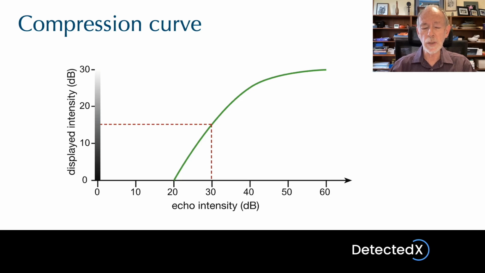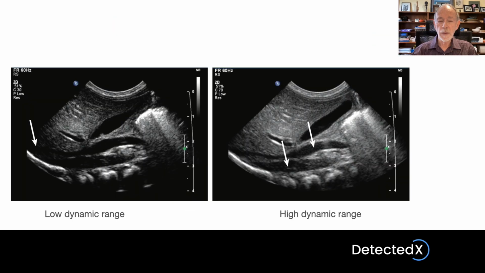Let's just talk for a moment about why you would want to suppress low-level echoes like this. Perhaps the best way to do this is to look at an example. Here we have an image of the liver displayed on the left with the lowest dynamic range setting that the machine has. And we can see a couple of things about this image.